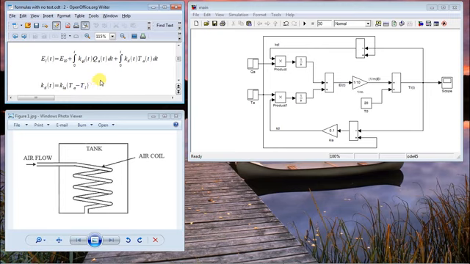As I said before, if the air temperature is much higher than the liquid temperature, it will transfer much more heat to the liquid. If it's lower, it will cool the liquid down. That's why KTL will be negative.